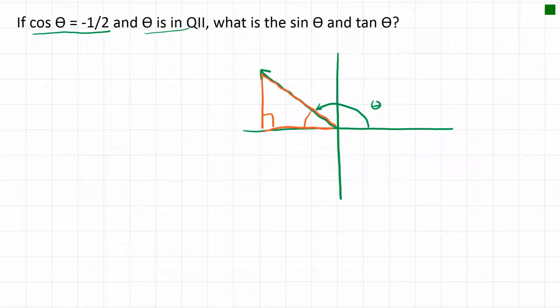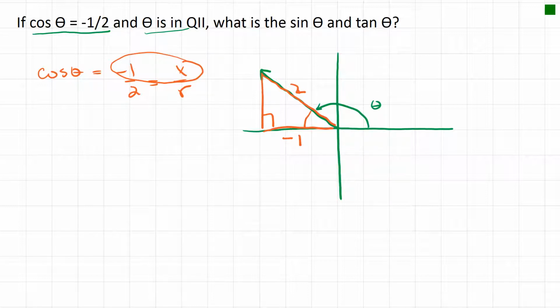So here's my reference angle, and the trig ratio cosine theta equals -1/2 tells me that the x value is -1. So the x value is -1 and the radius is 2.